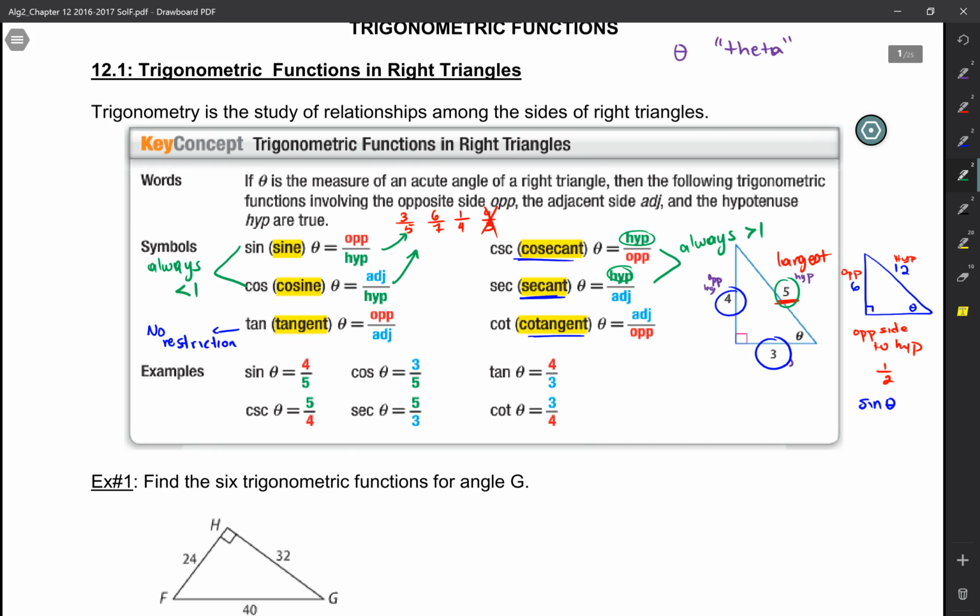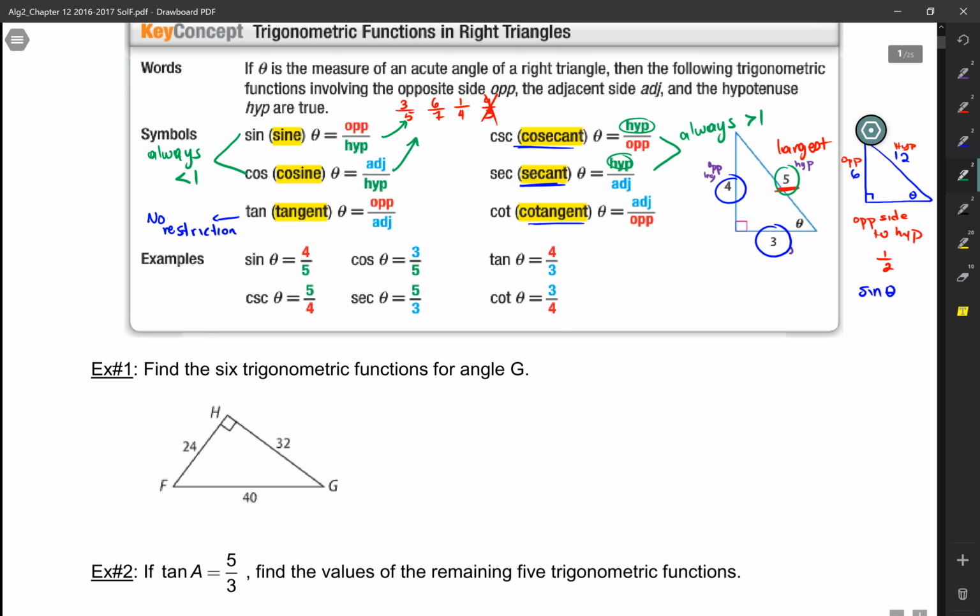Okay? Now, a little bit about naming them. It's not sin or cos or tan. It's sine, cosine, and tangent. Okay, we have to give the full names of them. And a little bit about writing these. It's never sine equals 4 over 5.